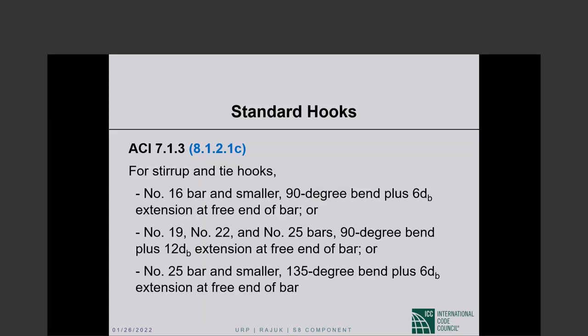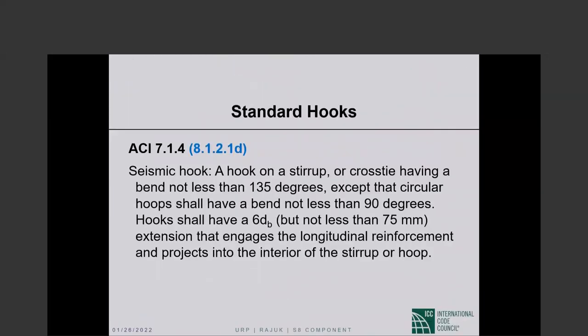Okay? I think you have to read closely and see what is being said. Standard hook is a hook on a stirrup or cross tie. The term cross tie, again, let me not spend time on everything now. When we go to seismic detailing, this cross tie will become more than clear.